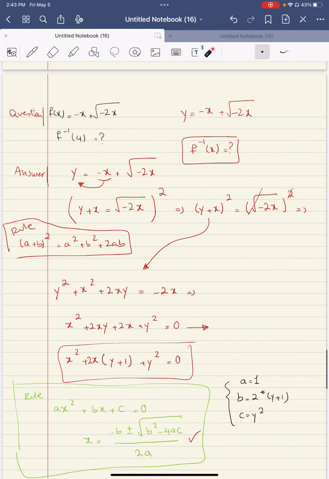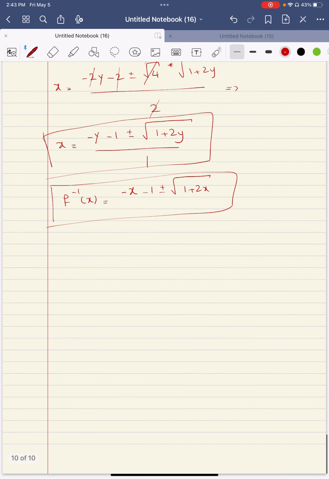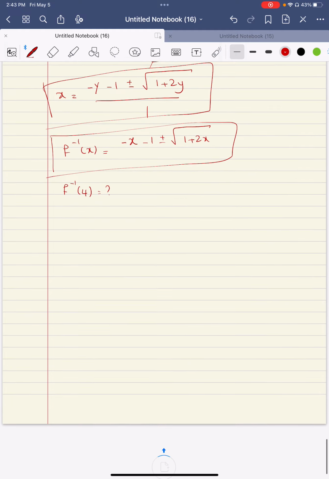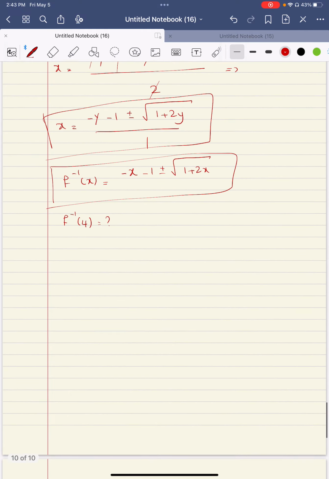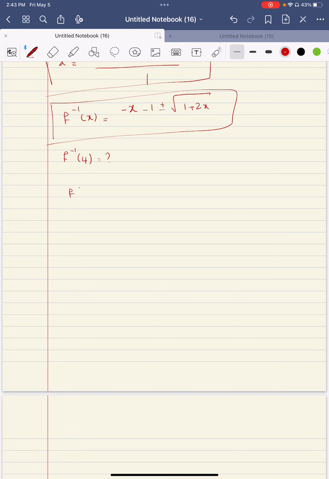The question was asking us about the inverse of f at 4. Let's replace the x and see what the answer would be. Inverse of f at 4: negative 4 minus 1 plus minus root 1 plus 2 times 4. 2 times 4 would be 8, and 8 plus 1 is 9.